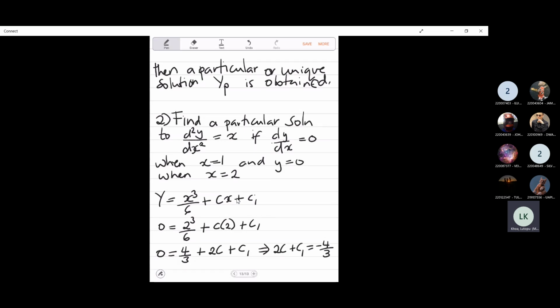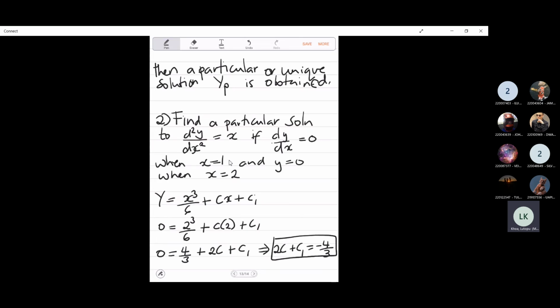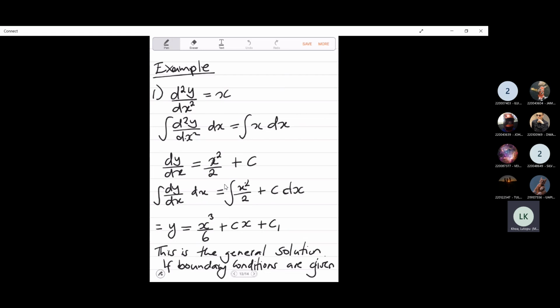So this is the first equation. And then I use y prime is 0 when x is equal to 1. So I go back and see what was my y prime or dy dx. This is it.